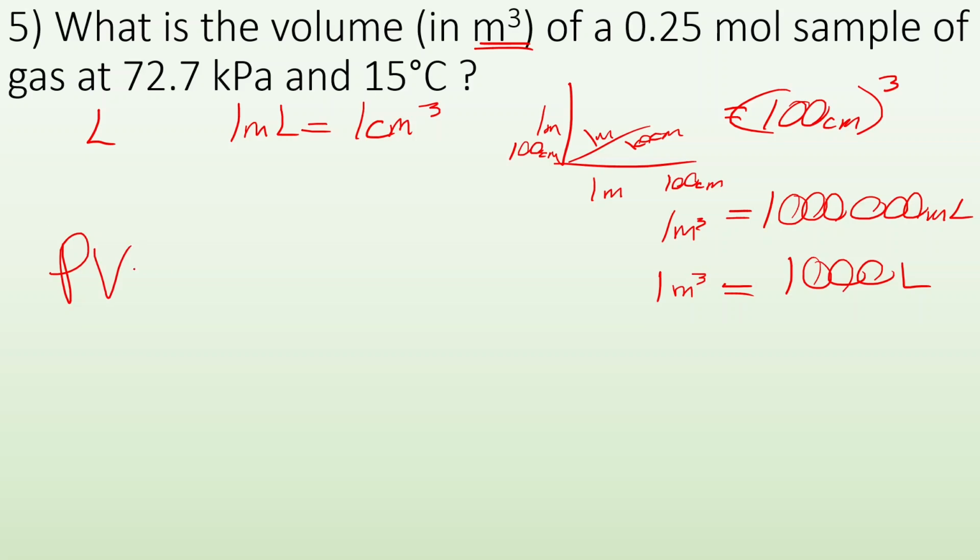So I got my PV equals nRT. They want the volume, so I divide each side by pressure. Now I got my volume right there. So now let me plug and chug.